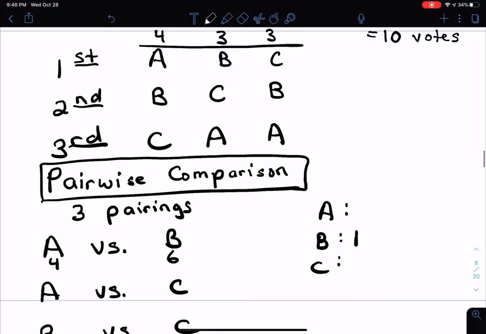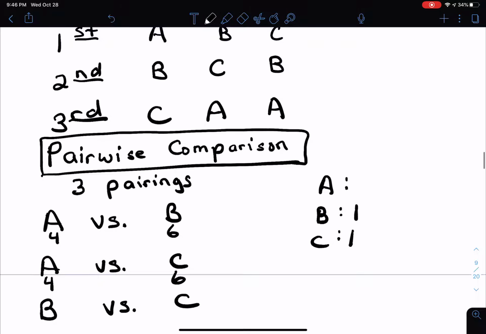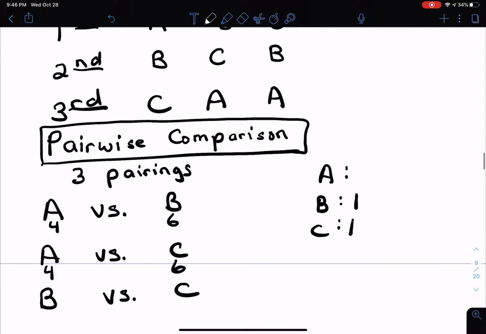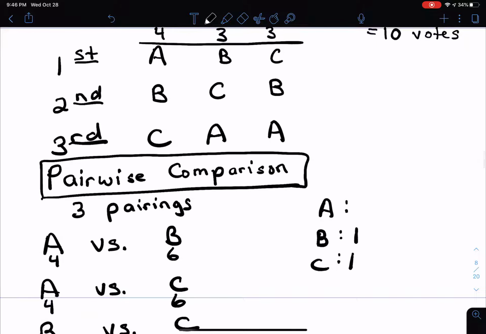All right, now for A versus C. In the first column, A is ranked above C, but in the second and third columns, C is ranked above A. So this looks a lot like the other pairing. So C wins out on this one. C gets a point, because there are 6 votes where C came above A. Then B versus C. So A is going to have 0 points.